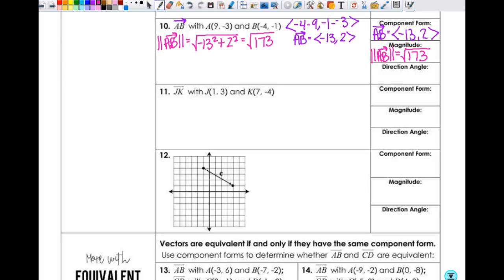So I have my component form, I have my magnitude. Now I need theta, which is the tangent inverse of 2 over negative 13. And this, I want, what quadrant am I referring to here? Second, so it's quadrant 2.